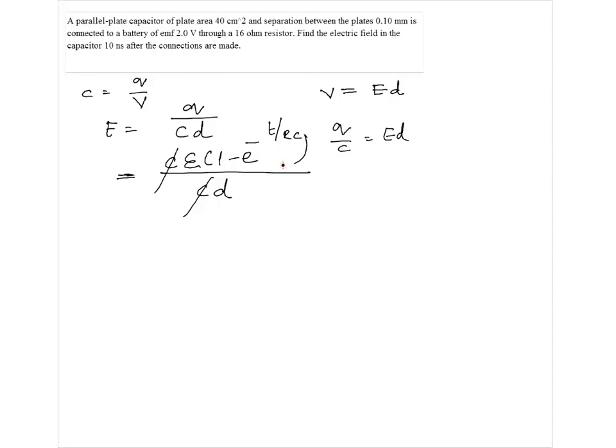Calculation I am leaving up to you to do. This is not assignment, but you should do it to confirm that you are getting this answer.